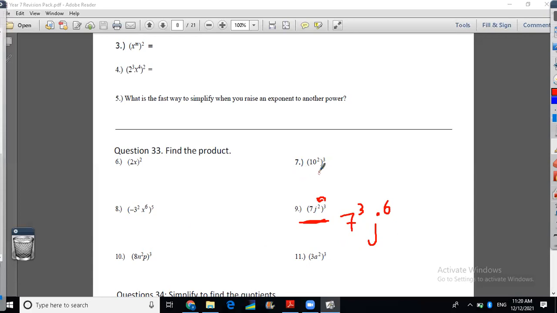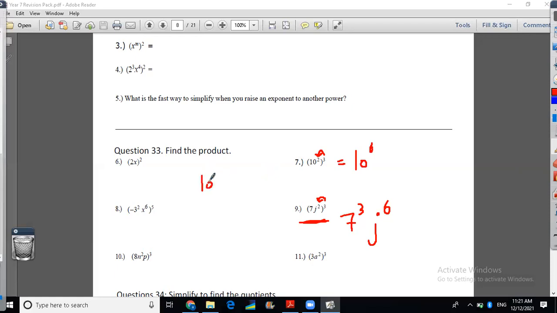Okay. Let's do here, for example, 10 to the power of 2 and all is to the power of 3 equals 10 to the power of? Yes, I heard some people saying 5. No. Here we multiply the powers. 10 to the power of 6. There is a difference between doing this, which is 10 to the power of 2, and all is to the power of 3, where we multiply the powers.